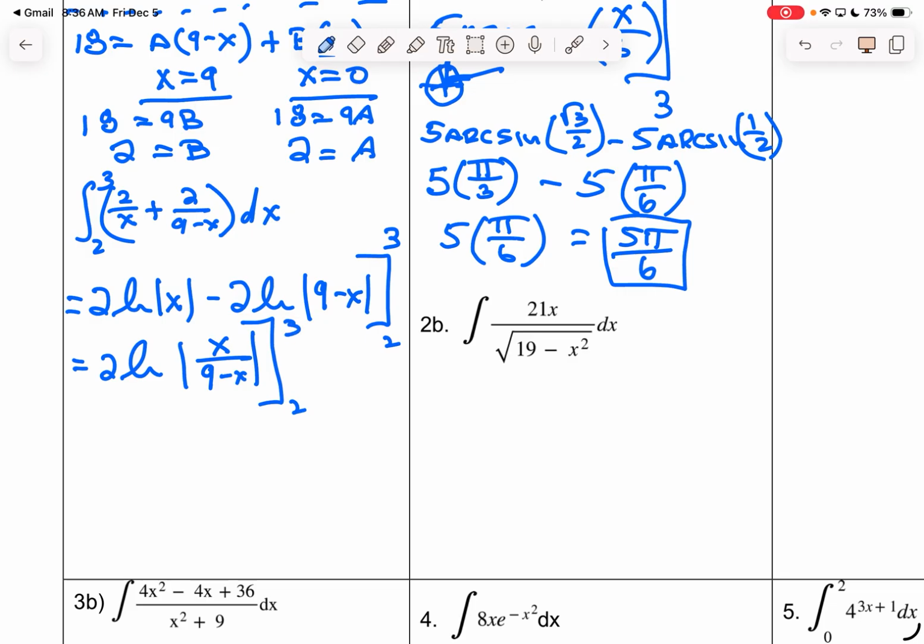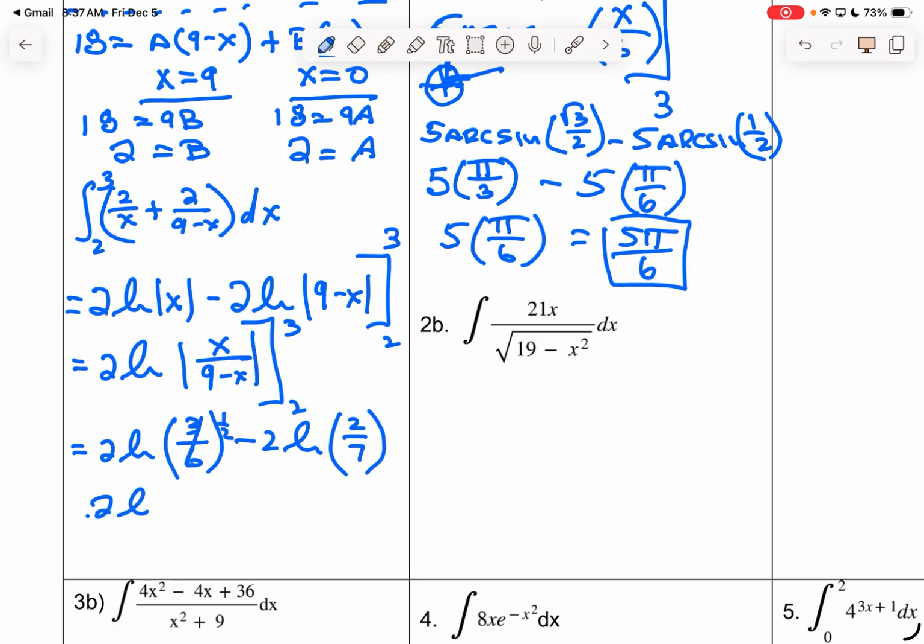All right, when I plug in 3, what's our numerator? 3 over 6, right? Minus 2 ln of, what do we get on the bottom, is 2 over 7. All right, what should I make that first one? That's 1 half.